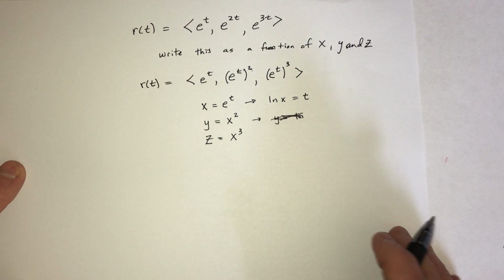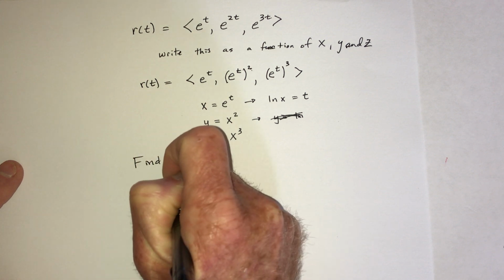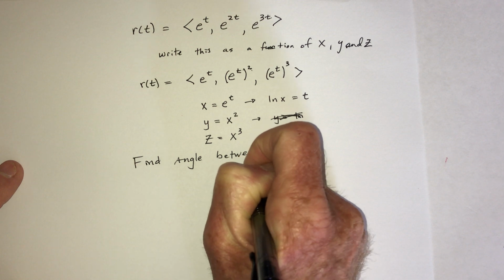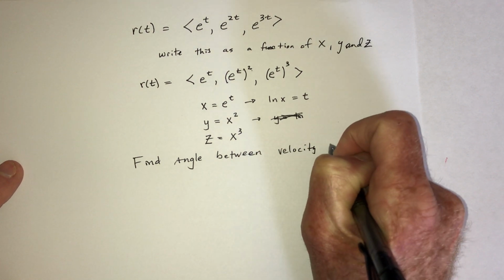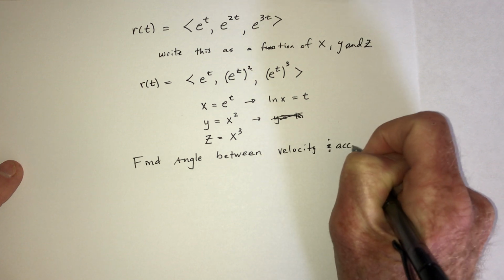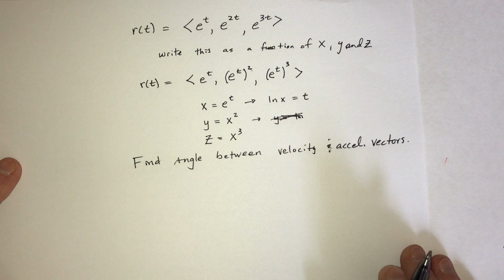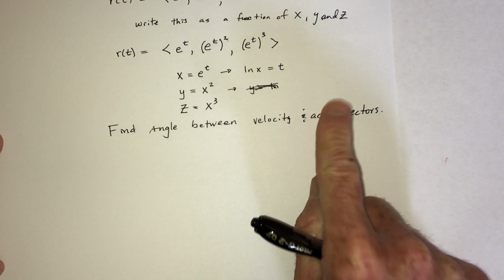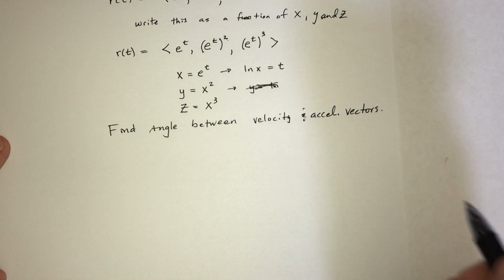The main point of this one is find the angle between the velocity and acceleration vectors. In other words, find the first derivative, it's going to be a vector. Find the second derivative, it's going to be a vector.